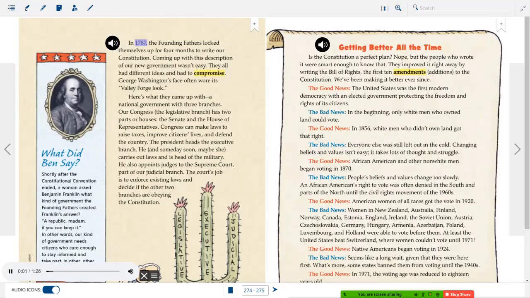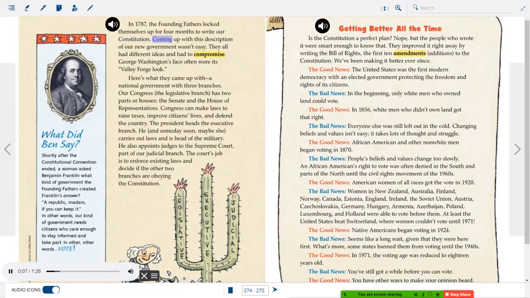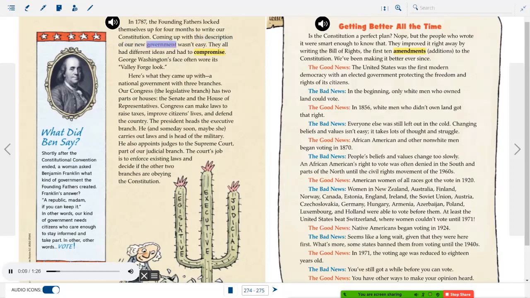In 1787, the Founding Fathers locked themselves up for 4 months to write our Constitution. Coming up with this description of our new government wasn't easy. They all had different ideas and had to compromise. George Washington's face often wore its Valley Forge look. Here's what they came up with: a national government with 3 branches. Our Congress, the legislative branch, has 2 parts or houses, the Senate and the House of Representatives.